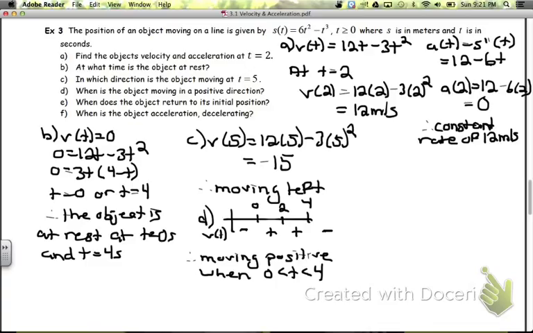Now in part E, it's asked us to find when does the object return to its initial position. So it's gone on its course and it's come back to its initial position. So we know that the initial position is going to be at the same value as when t is equal to 0.